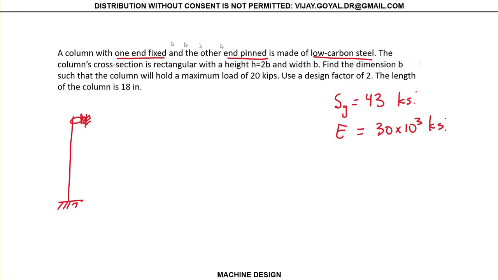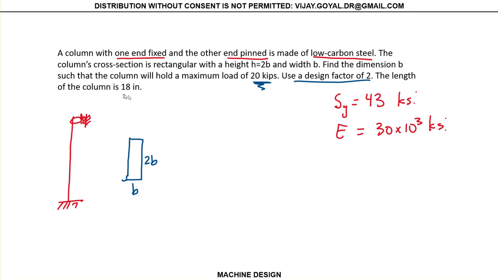And the problem is saying the column has a rectangular cross section of width B, height 2B. Find the dimension B such that the column will hold a maximum load of 20 kips and a design factor of 2.